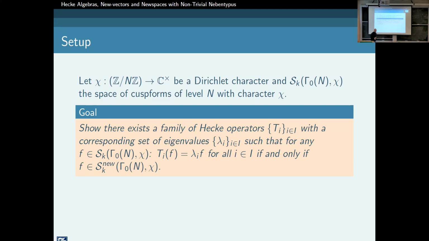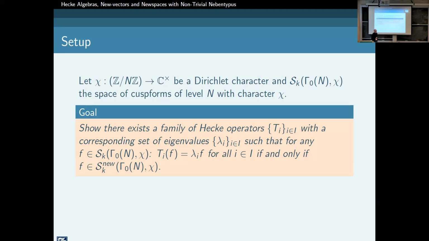So we use these operators to slice away, let's say, the space of new forms from the full space of cusp forms. Now, the reason we do this is because with my advisor, we're working a lot with half-integral weight forms. And basically, we use a lot of the Shimura correspondence. We're trying to get basically a characterization of the new space for half-integral weight.